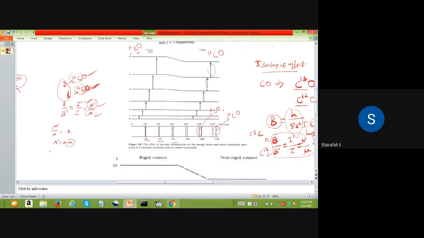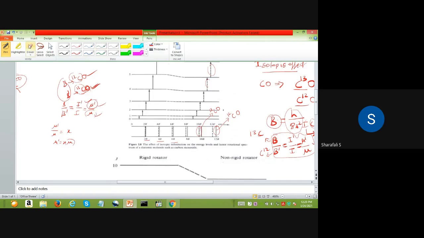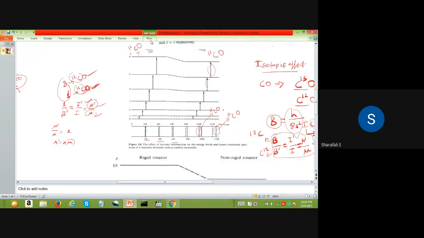So mu dash will be nothing but, with carbon 13, I'm just writing: mu dash will be the mass of carbon 13 into the mass of oxygen divided by the mass of carbon 13 plus the mass of oxygen. So this is your mu dash.